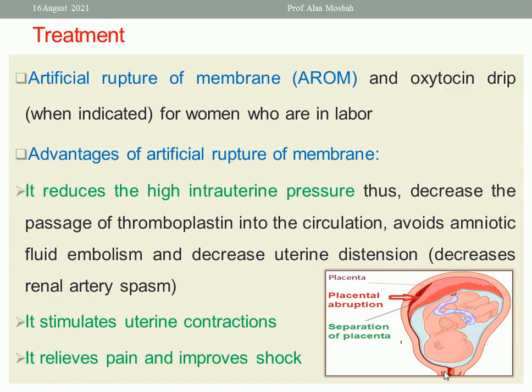So membrane rupture is very important. Also, artificial rupture of membranes will stimulate uterine contraction, relieve pain and improve shock.